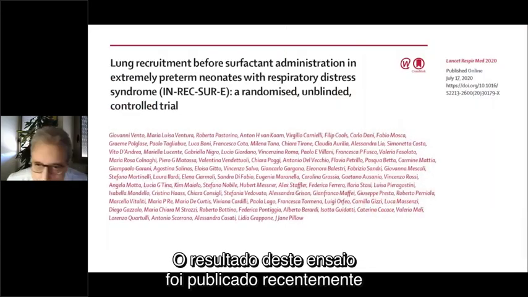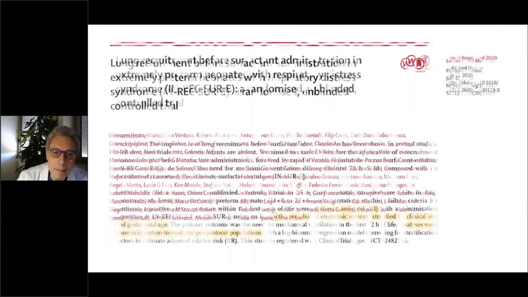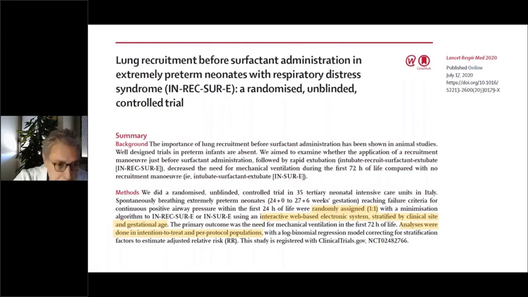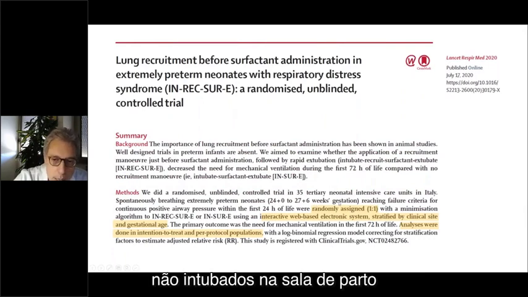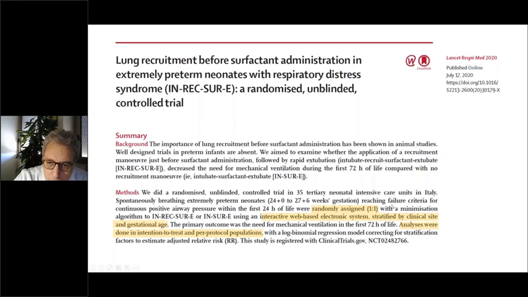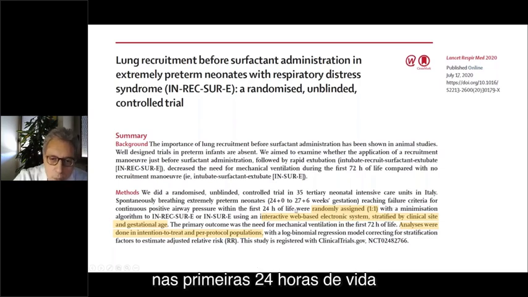The result of this trial has been published recently in the Lancet Respiratory Medicine, and we randomized babies of 24 to 27 weeks of gestational age, not intubated in the delivery room and reaching failure criteria of CPAP within the first 24 hours of life.